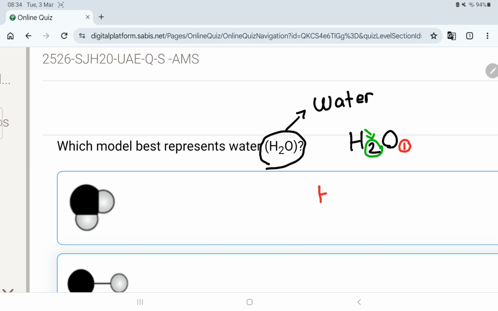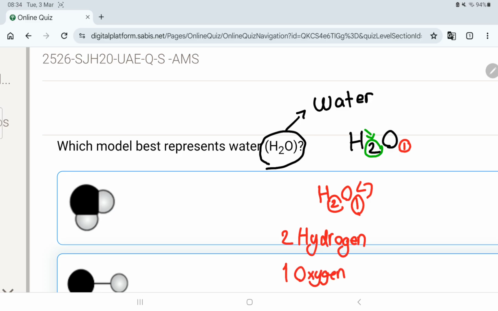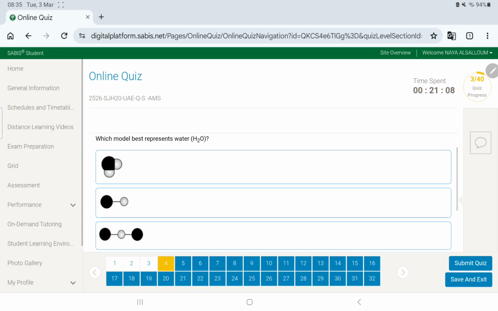So basically, it's the same thing as saying H2O1. So 2 hydrogen, and 1 oxygen. Okay, we're gonna keep this in our minds right now, and let's see.